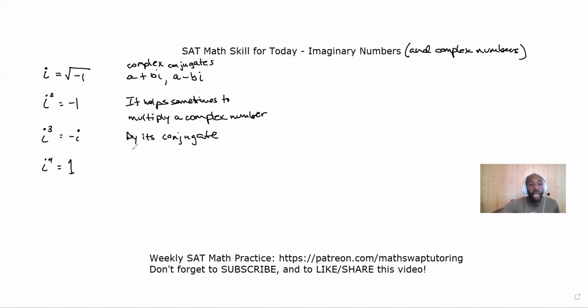An example of that is when we're trying to get a complex number out of a denominator. Okay. So keep that in mind. I don't know if we'll go over an example here, but I do go a little bit more in depth like that in my class.